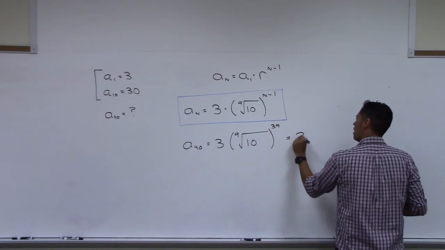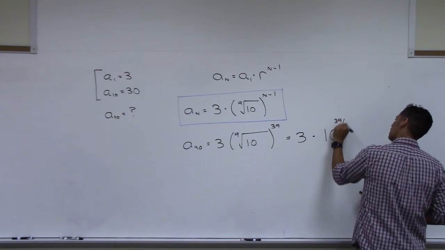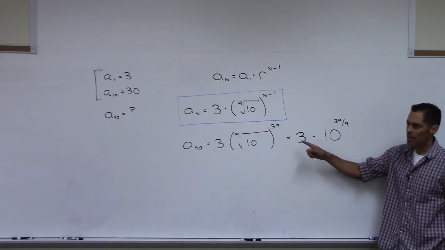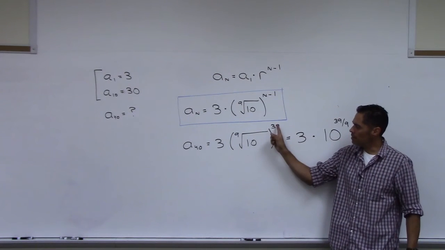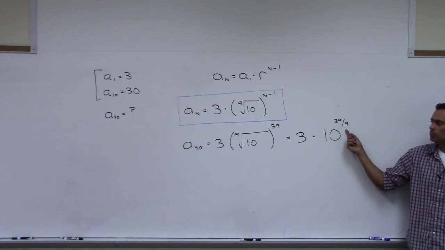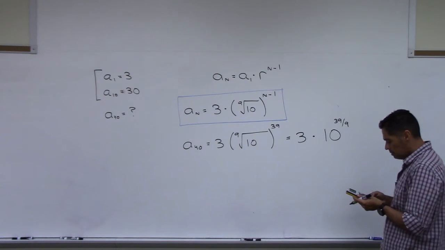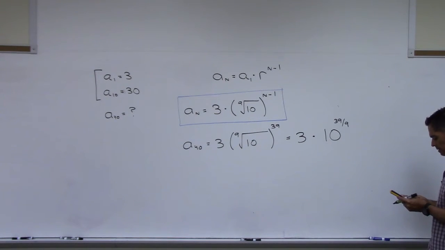This is 3 times, if you like, you can do 10 to the 39 ninths. That's what this means. When you raise something to the 39th, but then you take the root, it's the same as raising it to this power. That's what I'm doing. I'm going to do 10 raised to the 39 over 9, get that answer, and then multiply it times 3.